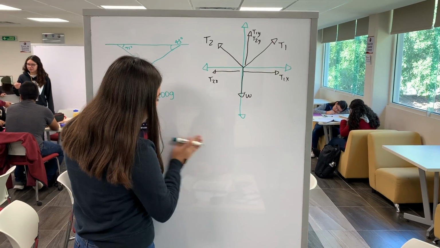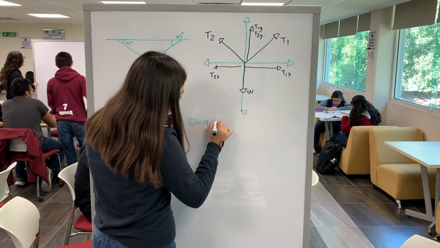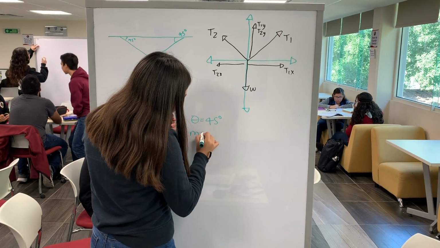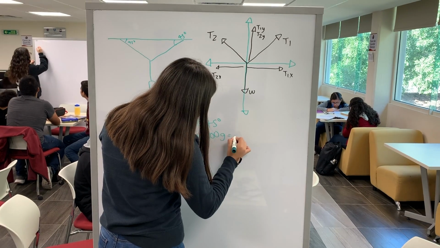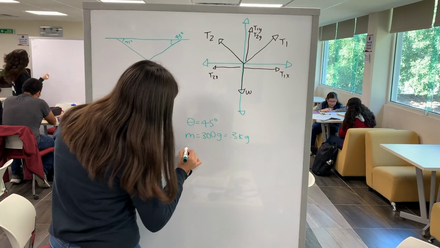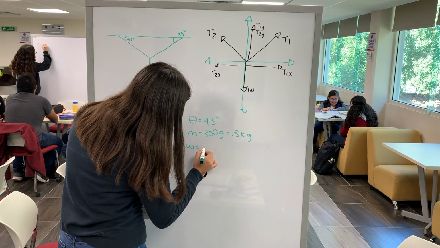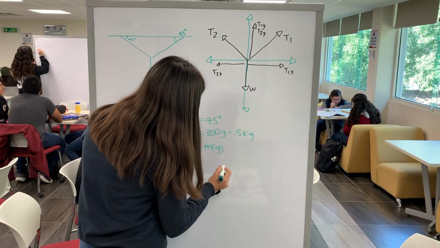Now we have the magnitudes: the angle is 45 degrees, the mass is 300 grams, that is equal to 0.3 kilograms. And the weight is mass times gravity.